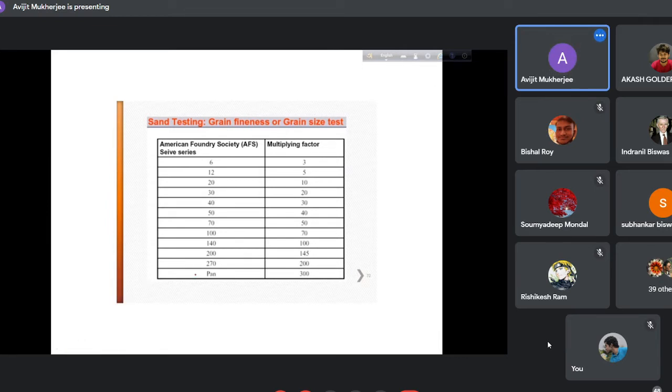Finally, a pan. And corresponding to each sieve or tray, there is a multiplying factor. For 6, this is 3. 5, 10, 20, 30, 40, 50, 70, 100, 145, 200, and for the pan this is 300. So these are the multiplying factors. So they recommended it. So you should follow this.